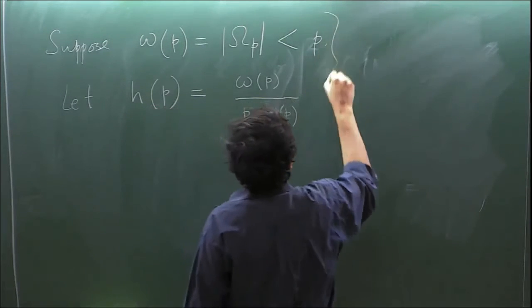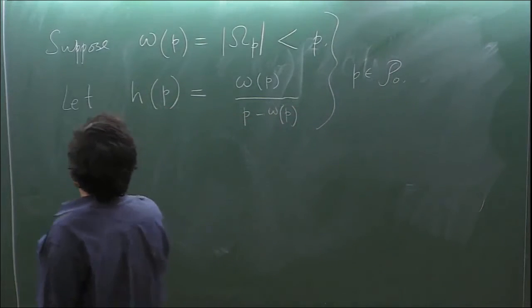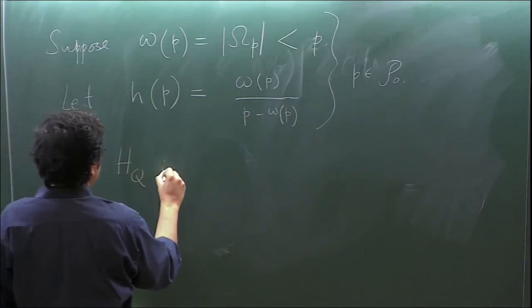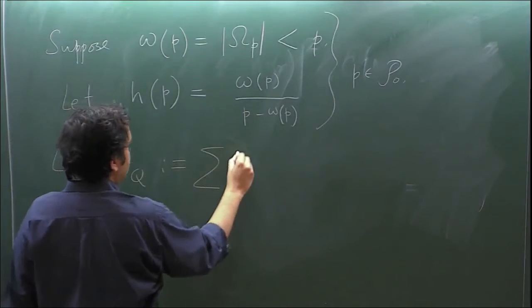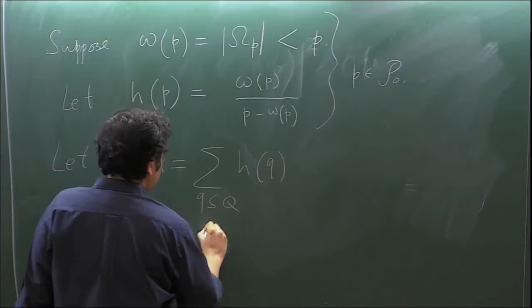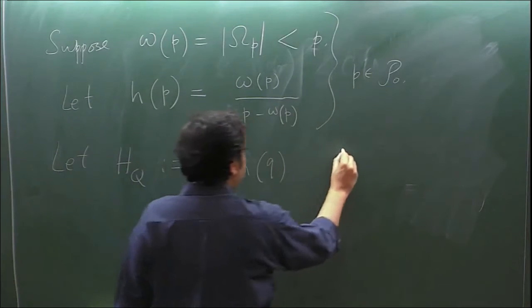Okay, so all these things are taking place for primes p in P naught. And let H(Q) be defined as the sum over h(q), q up to capital Q, q square free, for any q.